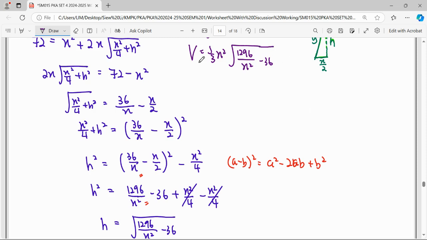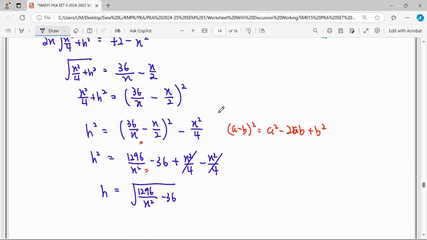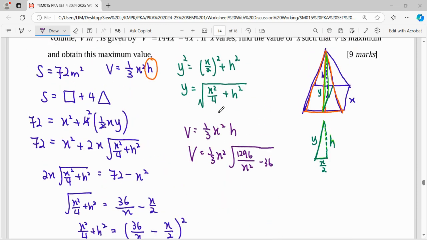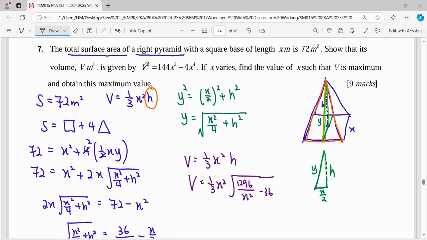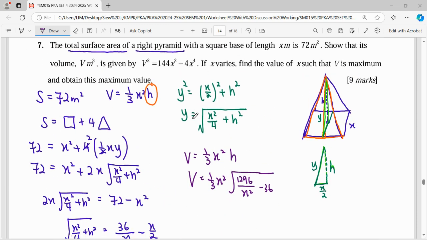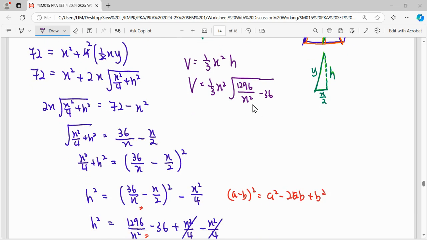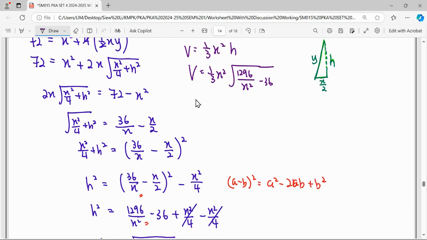Alright, this one is just the volume. Are you getting volume squared? No, you want to make the volume squared. So we're going to square both sides to make the volume squared.